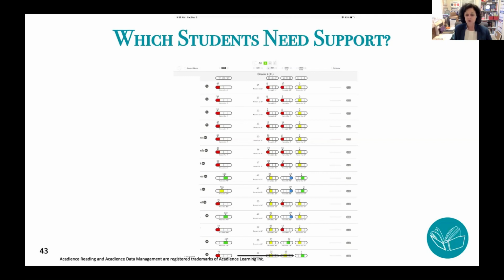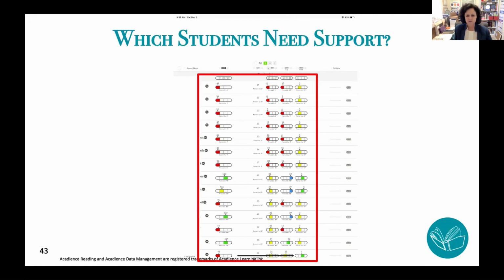Students who are on track for good outcomes in the future, their scores will be represented in green or blue. Students who are not on track for good outcomes in the future, their scores will be represented in red and yellow. So you can get a picture of your class. That's what this is showing, one teacher's class, and you can identify students who need instructional support.